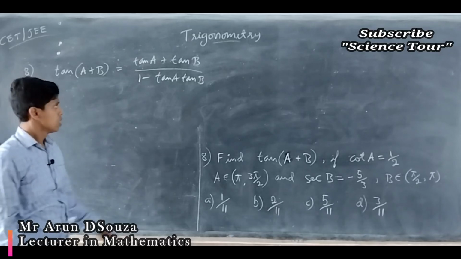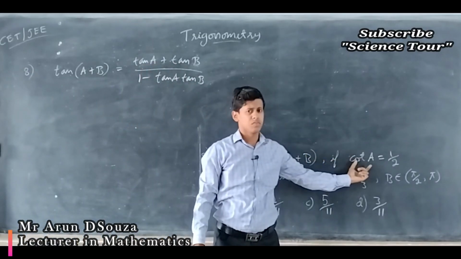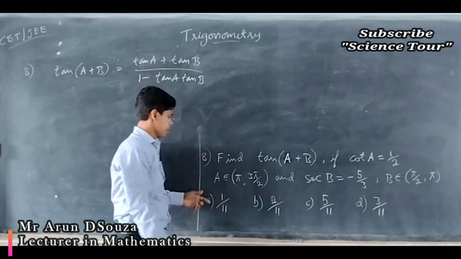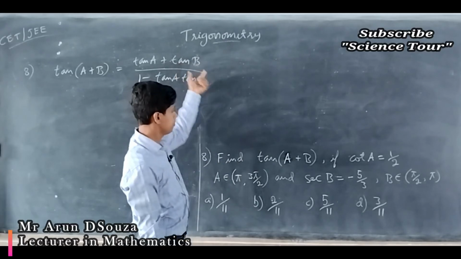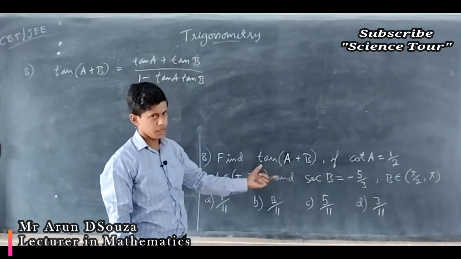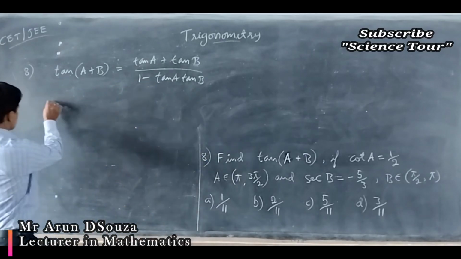Yes. So I can find tan A from cot A. Just take the reciprocal. But I need tan B from secant B. So I need to do a little work there. So let me start with cot A.